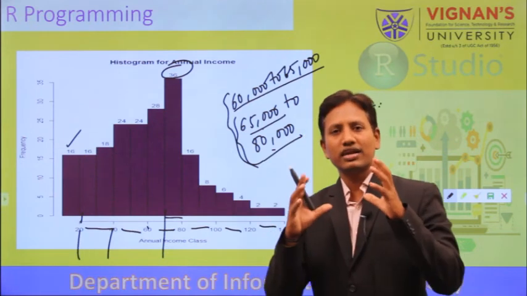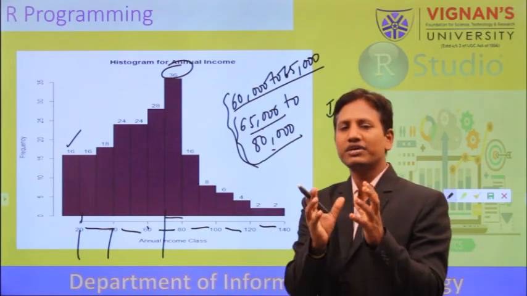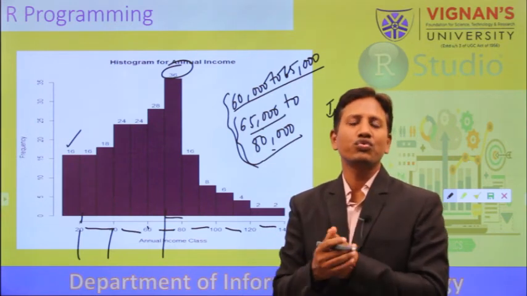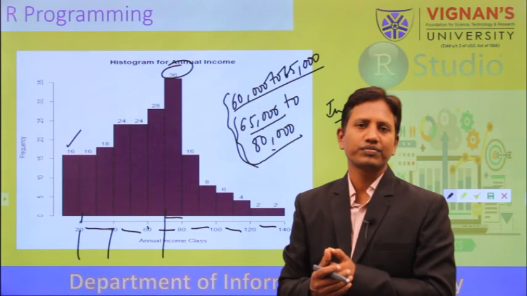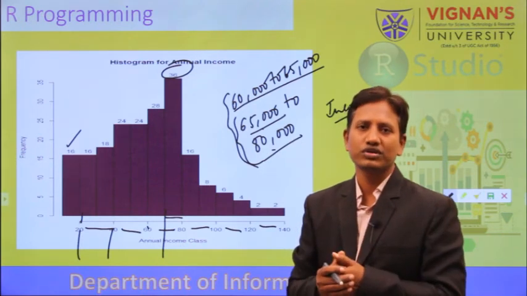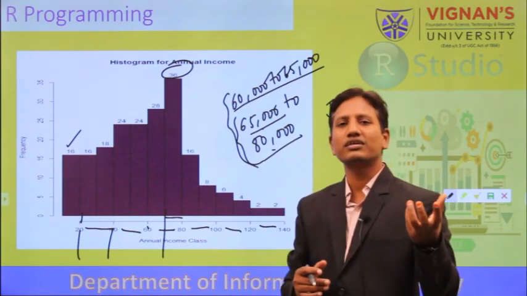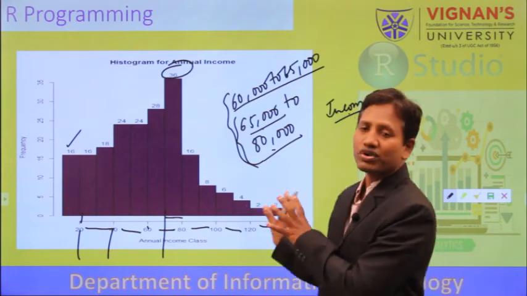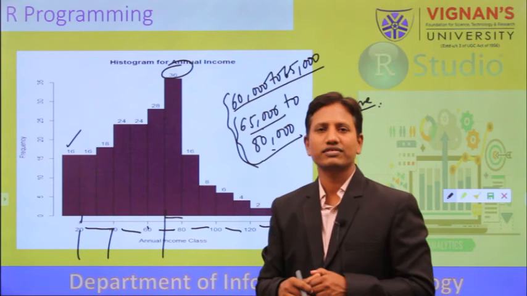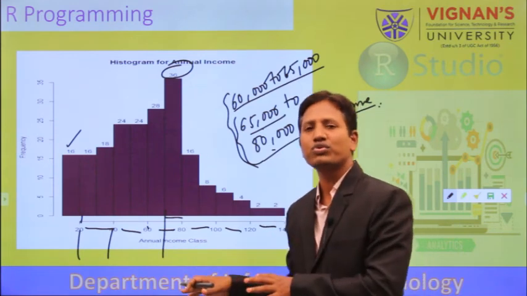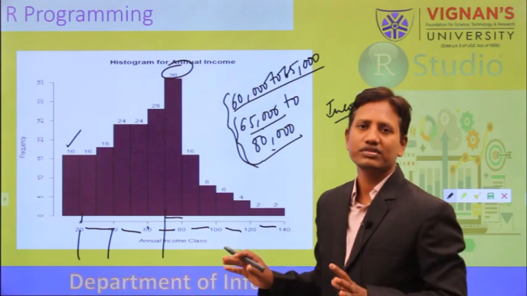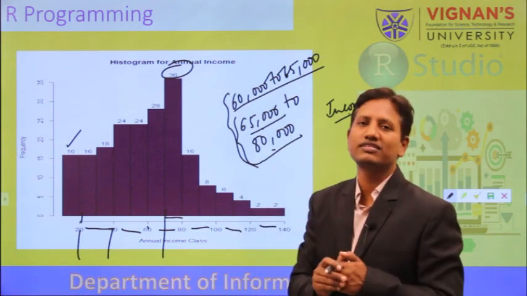So by keeping their income in mind, we can launch new waivers or new schemes so that we can attract more purchases. This is what is called data analysis. This is the way we analyze the data with the help of different plots and graphs, so we get some insights.